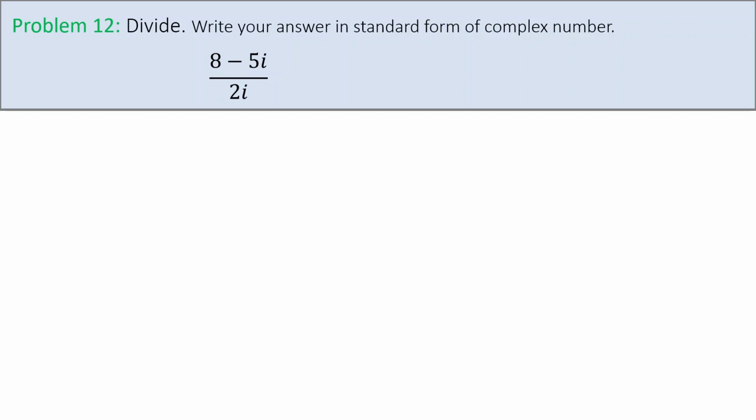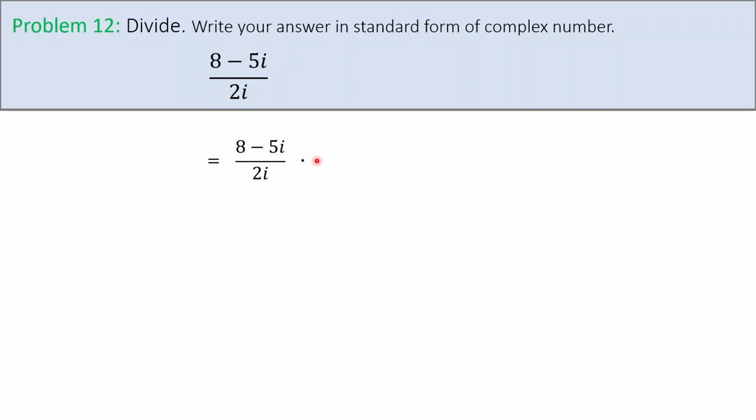Now let us do this problem. You need to divide this by this. In the denominator, there is only one term. So there is an i. So this is positive. So equal to, you write this. So this is positive 2i.